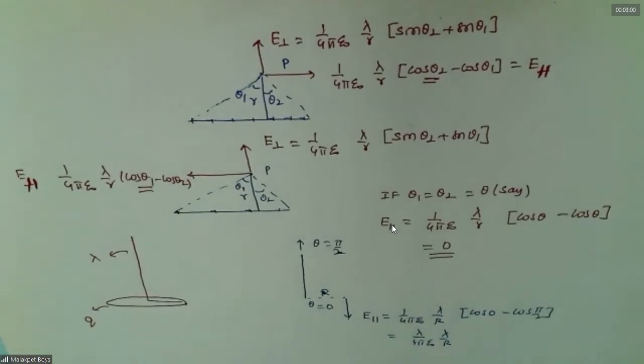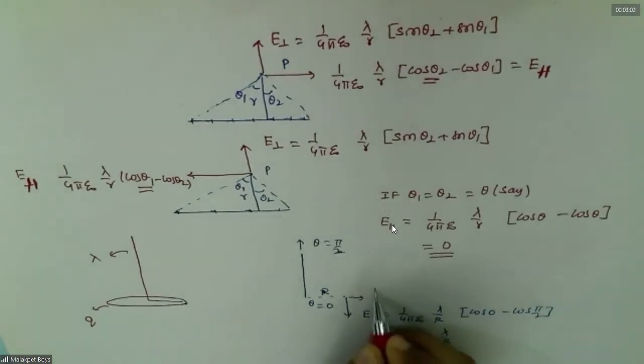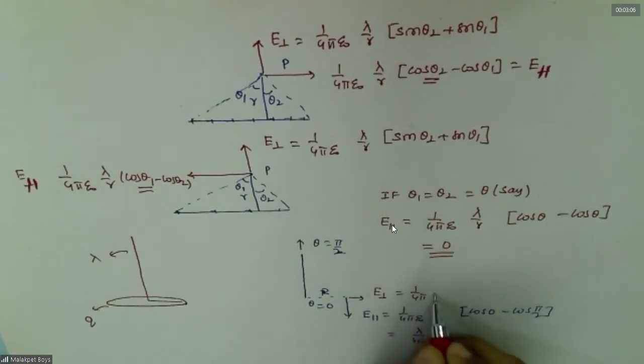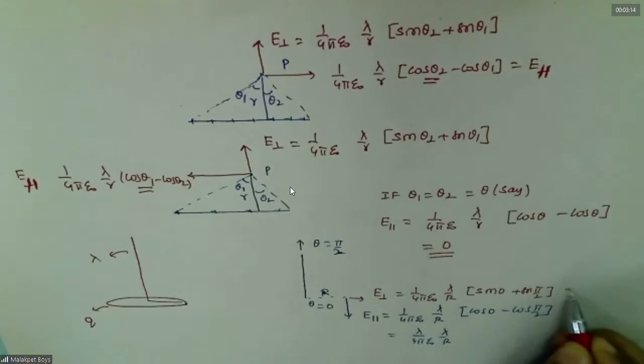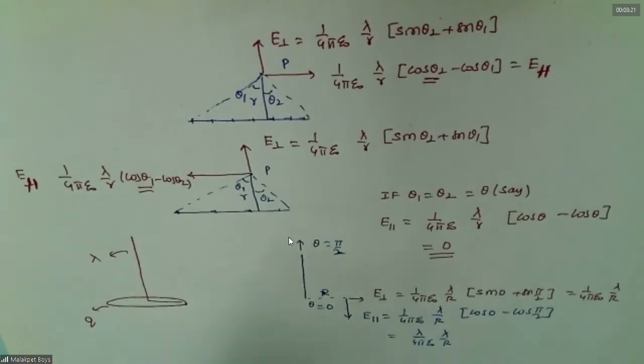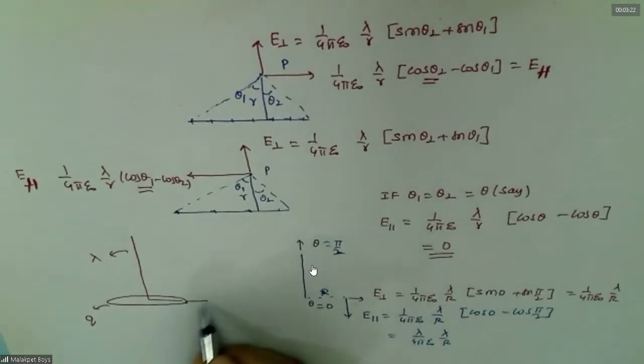Okay. And this is E perpendicular, lambda by R. That means at any point you will have one parallel component and one perpendicular component.